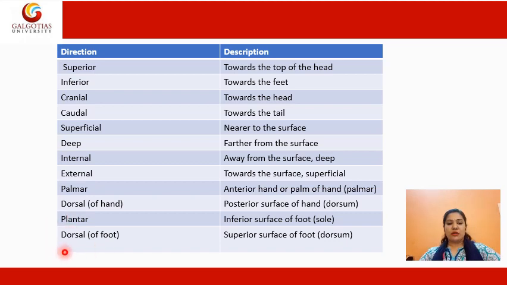Two more directions: plantar is the inferior surface of the foot, or sole, and dorsal is the superior surface of the foot, or dorsum.